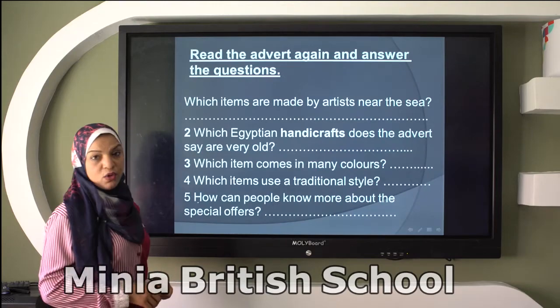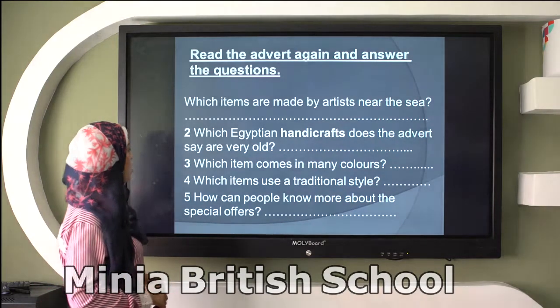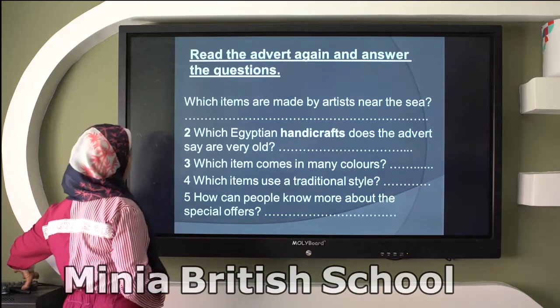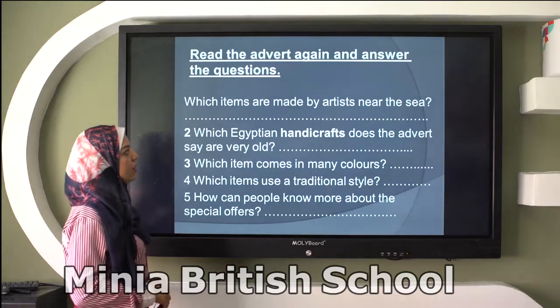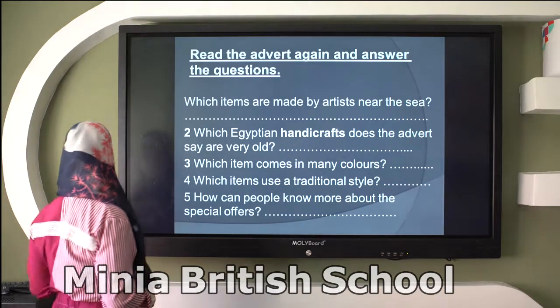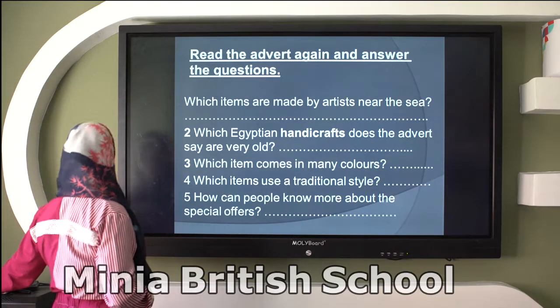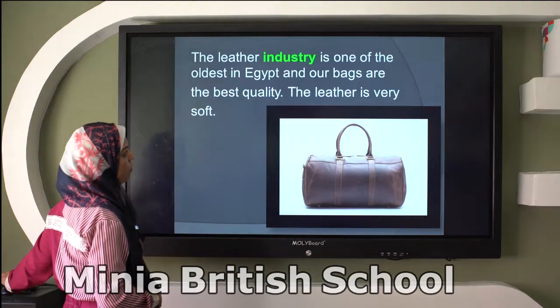Let's look at the questions based on the text that we have just read. Right here he's asking us which items from the ones that we read are made by artists near the sea. If we went back to the text, I know what the answer is, but I want you to find it yourself.